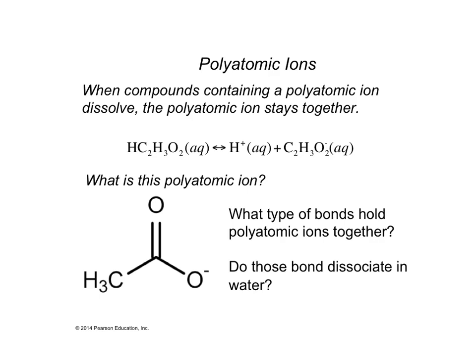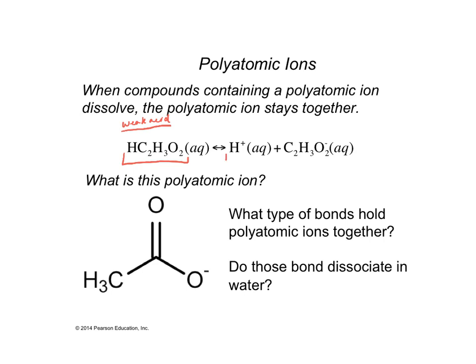Okay, so then one more thing that we have to consider. So if we go back to our little acetic acid, we said that this was a weak acid, right? So this is the weak acid. Acetic acid is the acid of the acetate ion, right? So we have acetic acid.